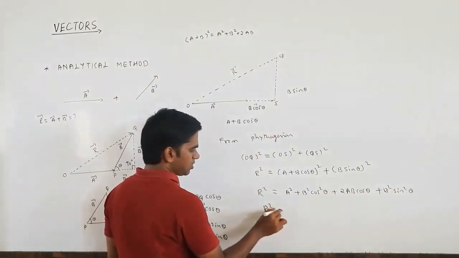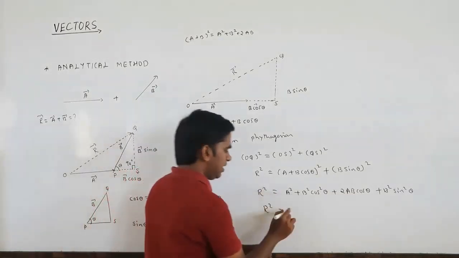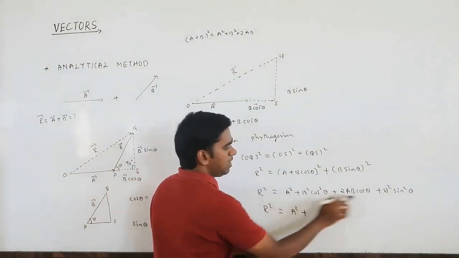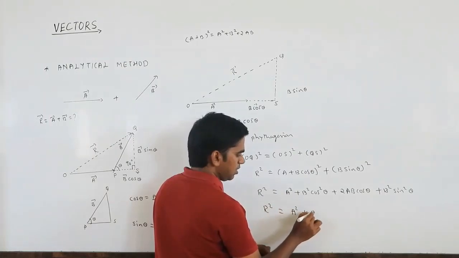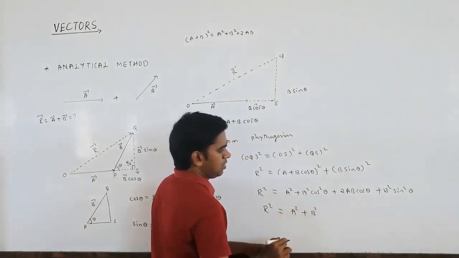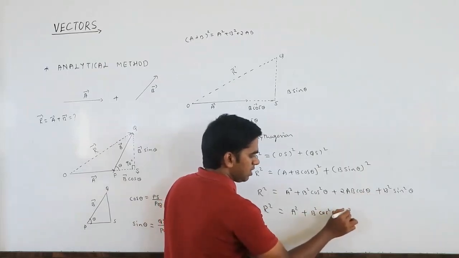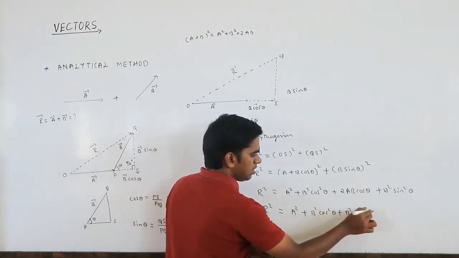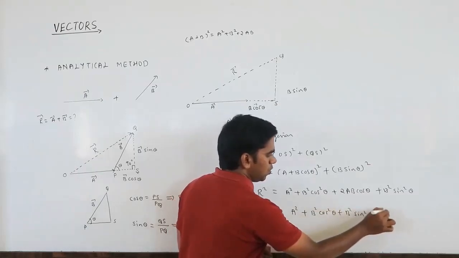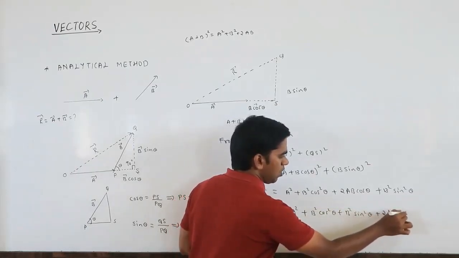So R square is equals to you write A square as it is, plus you make B on one side. This is B square cos square theta plus B square sin square theta plus 2AB cos theta.